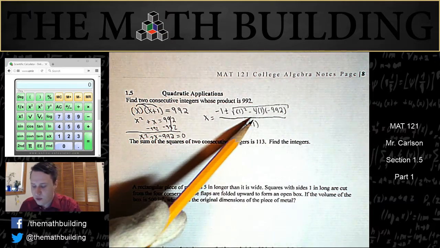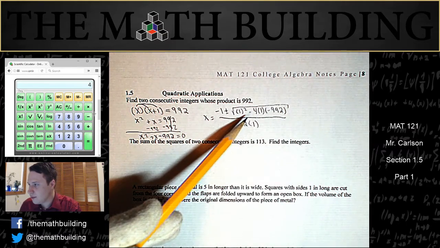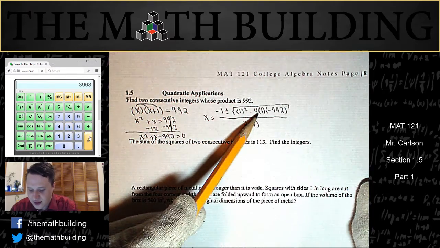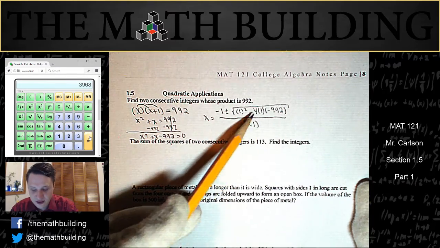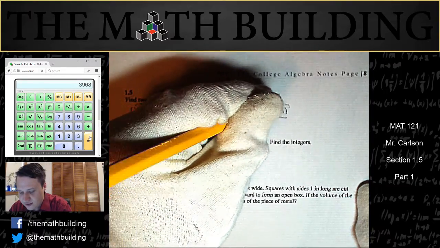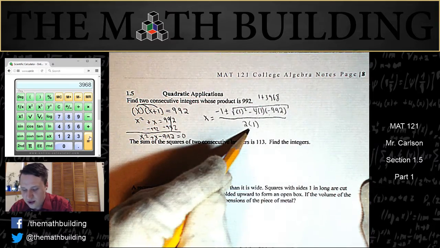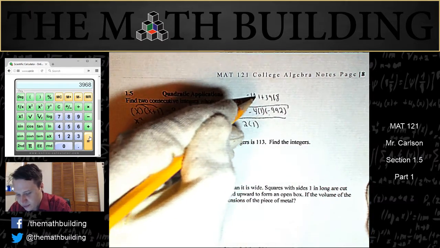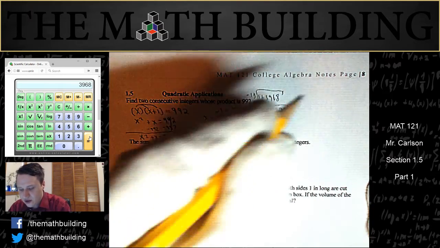So let's clean this up a little bit. Let's do negative 4 times negative 992. I get 3968, and that will be plus because I have two negatives. So this will be 1 plus 3968 inside the square root, and we'd have 2 on the bottom. And don't forget the negative 1 plus or minus that. So let's simplify that a bit.